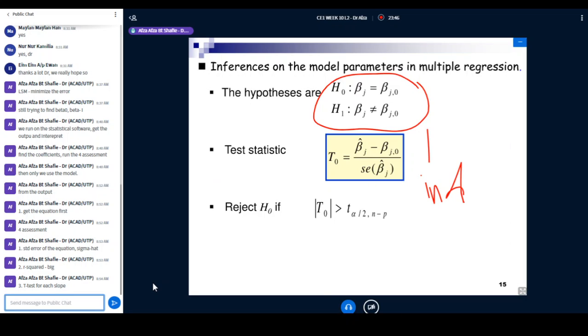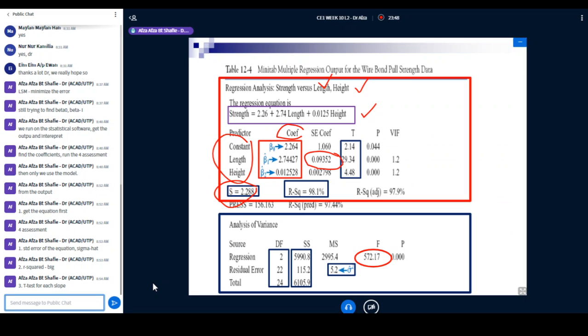We assume that our beta 1 is equal to 0. So 2.74427 minus 0 divided by 0.09352 gives us a value of 29.34. This is the value of the first test statistic.